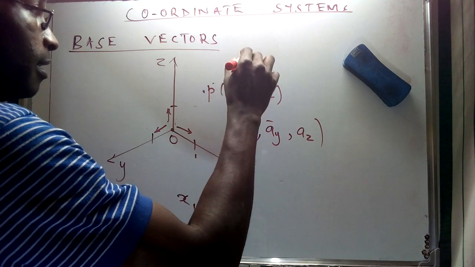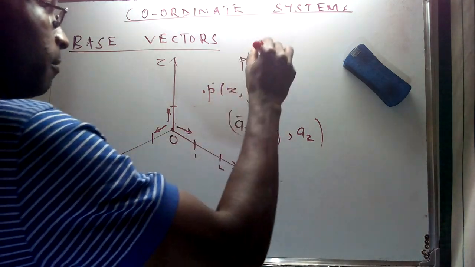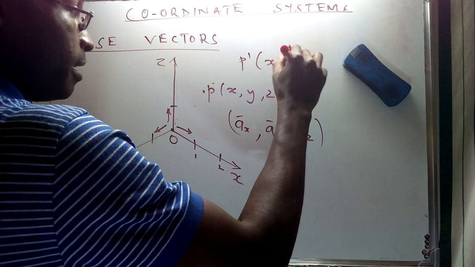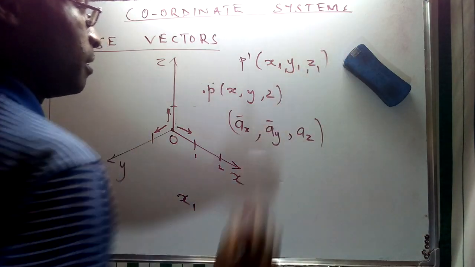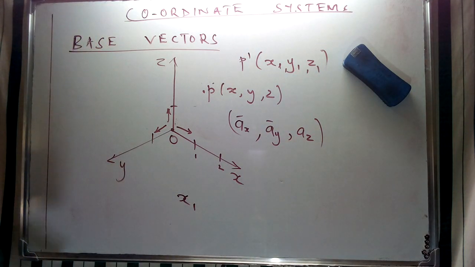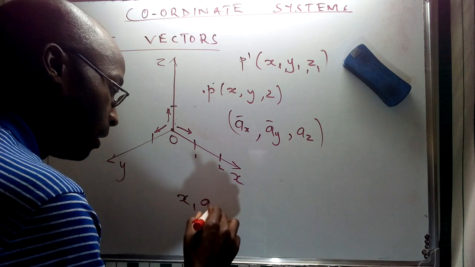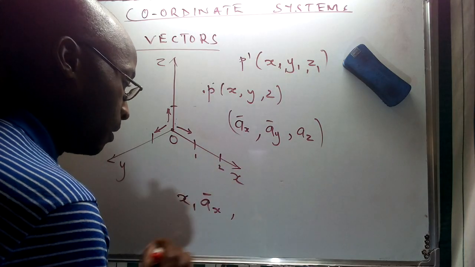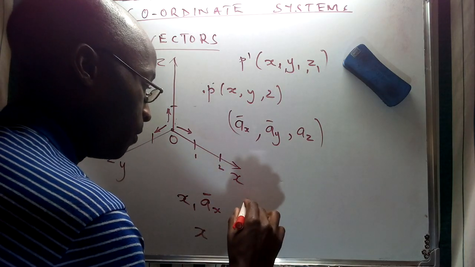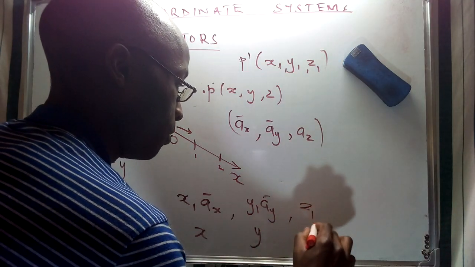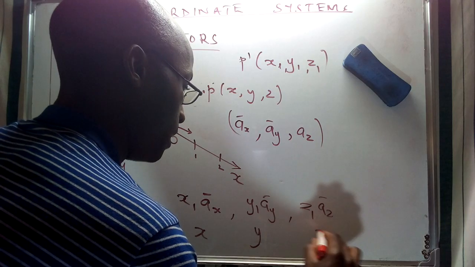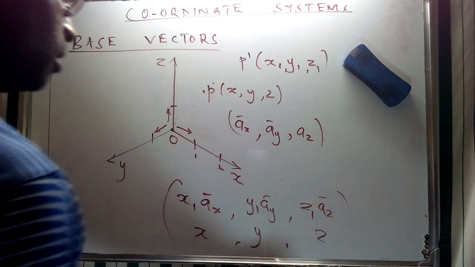Let's say perhaps another point P prime which is described by x1, y1, and z1, which is basically a base unit. We can represent that one using the coordinates x1 ax for x, for y we're going to have y1 ay, and then for z, we're going to have z1 az, given using those three specific representations.